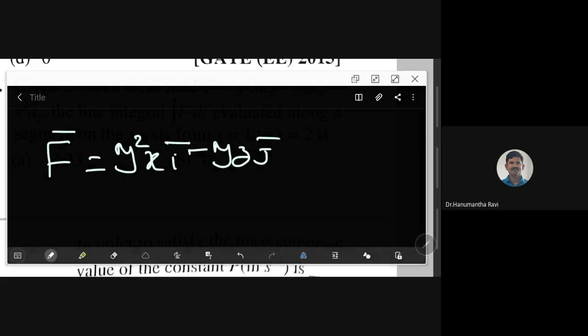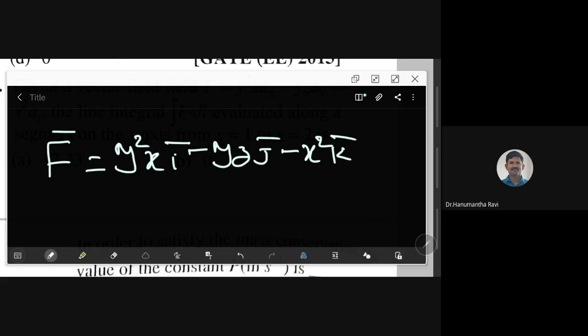I think I'm taking that as minus because there may be a printing error. So minus x square k bar.